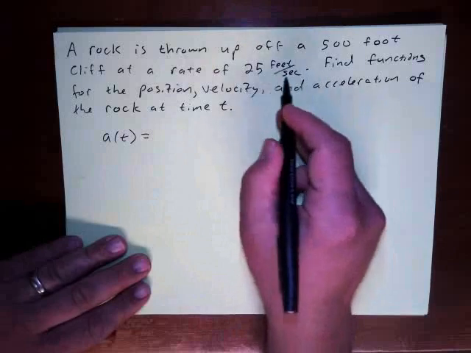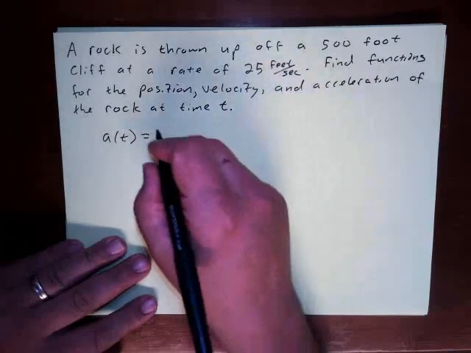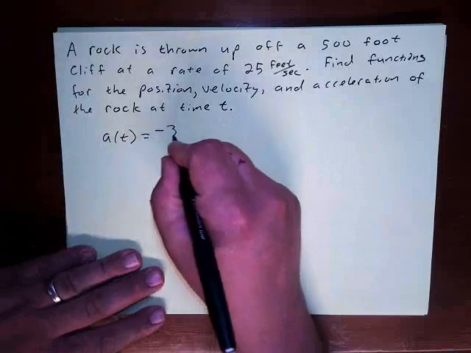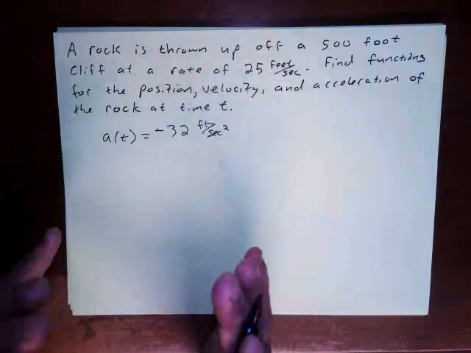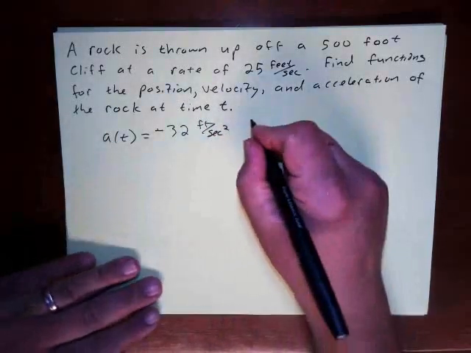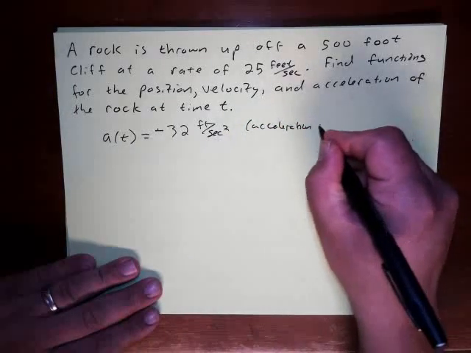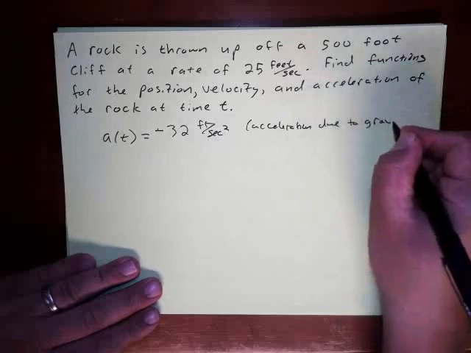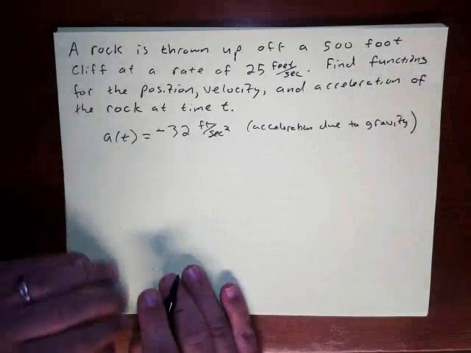Since I'm dealing with feet per second here, the acceleration would be negative 32 feet per second squared, and that's the acceleration due to gravity, right? Okay, so that's a constant.